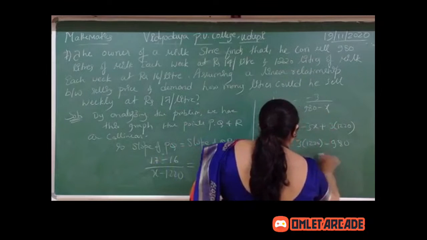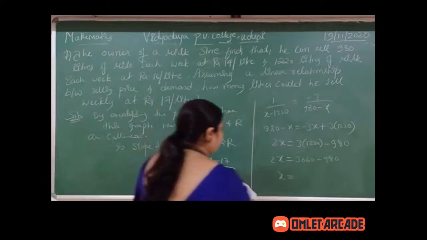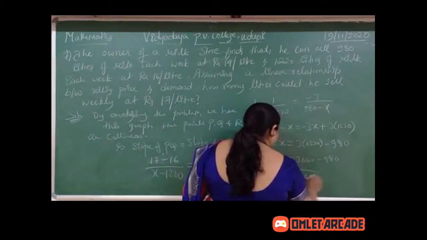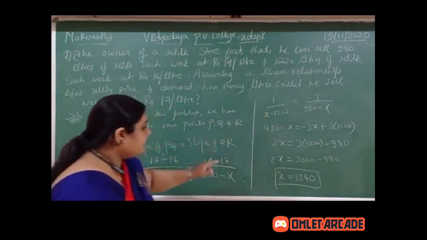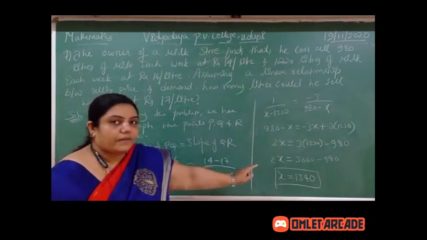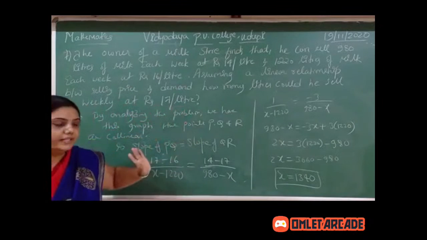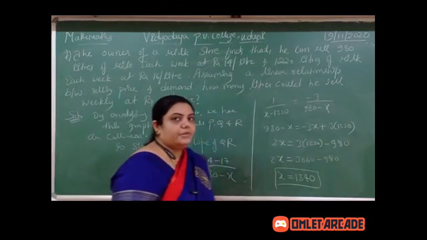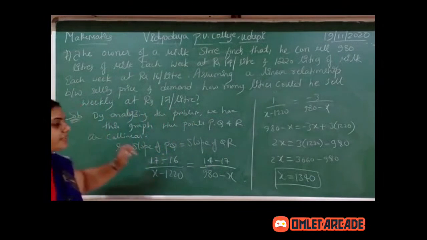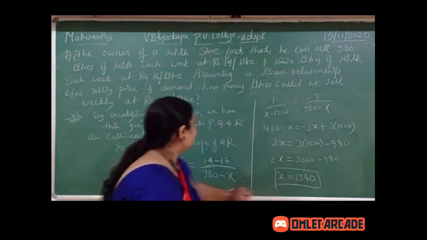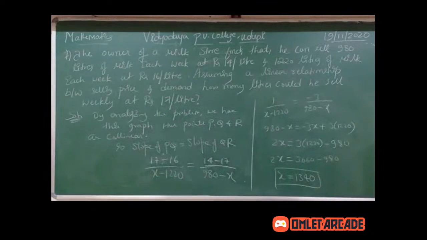So x will be equal to 1340. I mean, he can sell 1340 liters weekly at rupees 17 per liter. Conclude it, okay? We got the x value, conclude it. He can sell 1340 liters weekly at rupees 17 per liter.